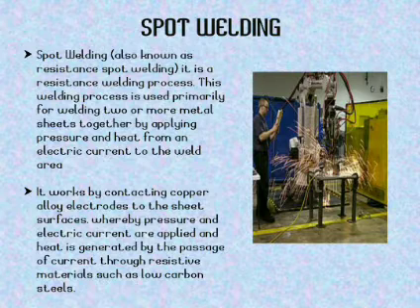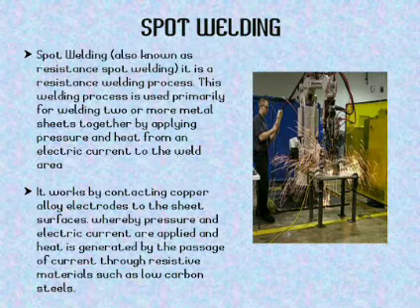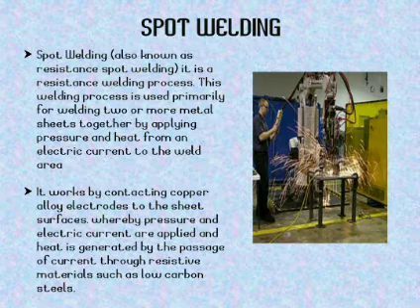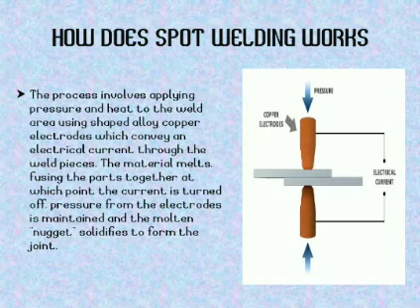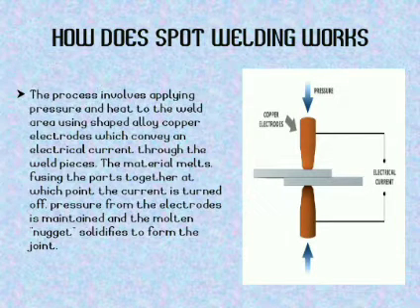It works by contacting copper alloy electrodes to the sheet surfaces, whereby pressure and electric current are applied and heat is generated by the passage of current through resistive materials such as low carbon steels. So how does spot welding work?